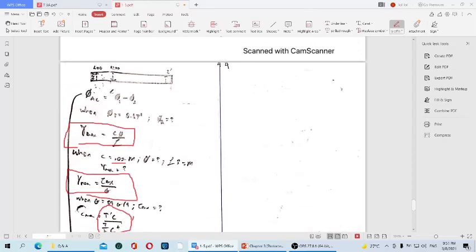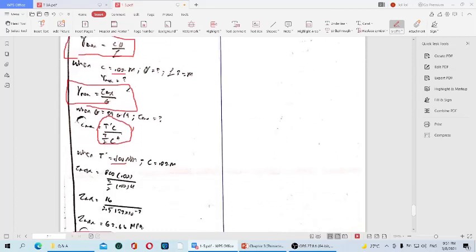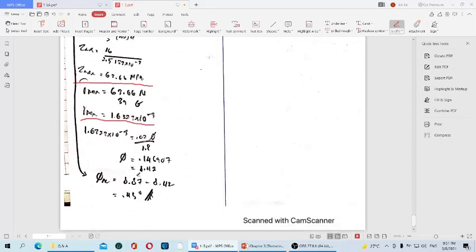Then you bring back the core equation, which is this one. If I find out the value of phi right there, you will get the value of phi, which will be 0.146907 in radians.